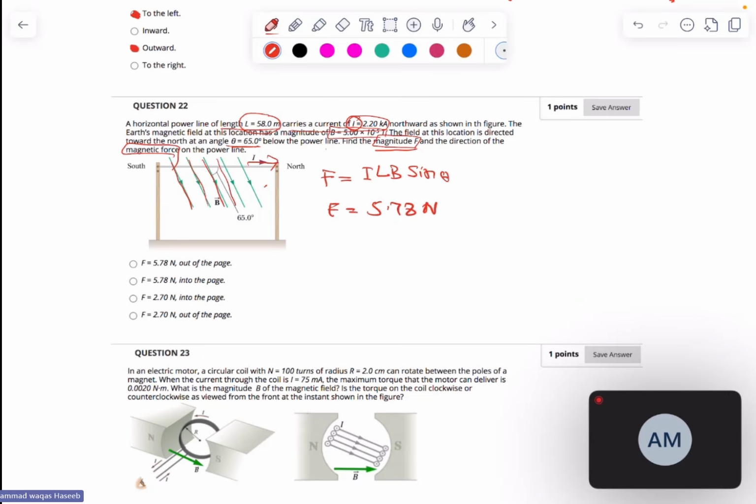So in that case, what will be the direction, inward or outward? If you remember the cork rule, this is the direction for into the page, and this is out of the page. So the force will be into the page.